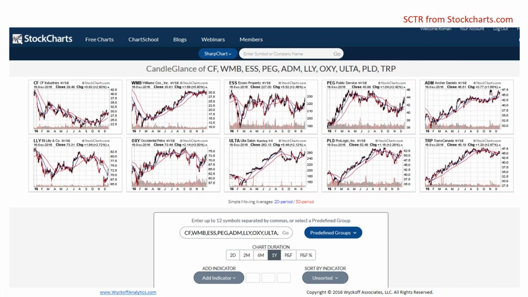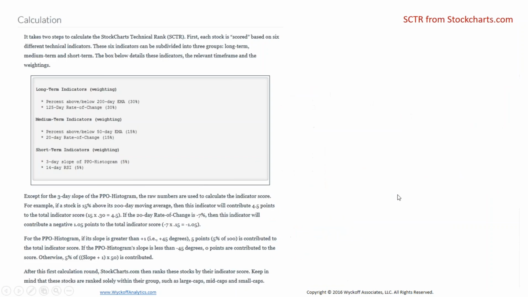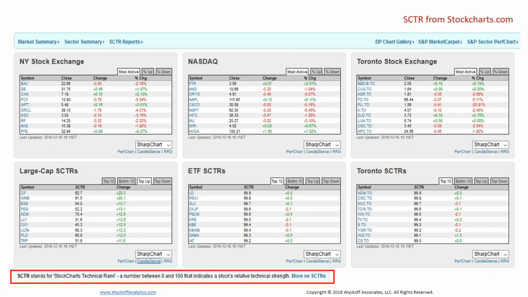And what also it does, it gives you different ways of how you look at the top 10, and usually I would go first to, let's say, this area right here, large caps, and I would look at the top 10, and then I would look at the candle glance. And the candle glance just basically gives me the charts with candle charts, and the glance is going to give me like the top 10.